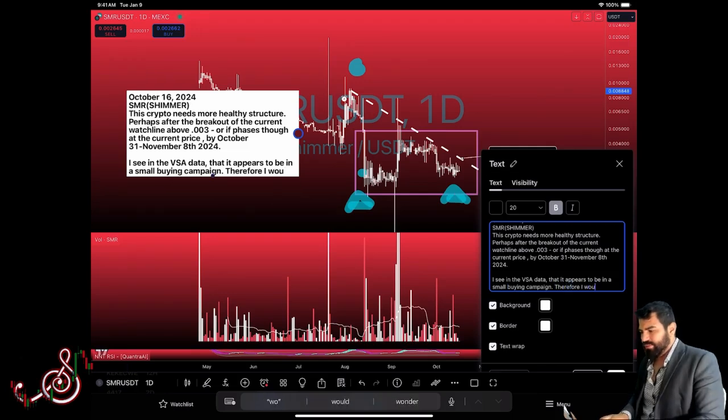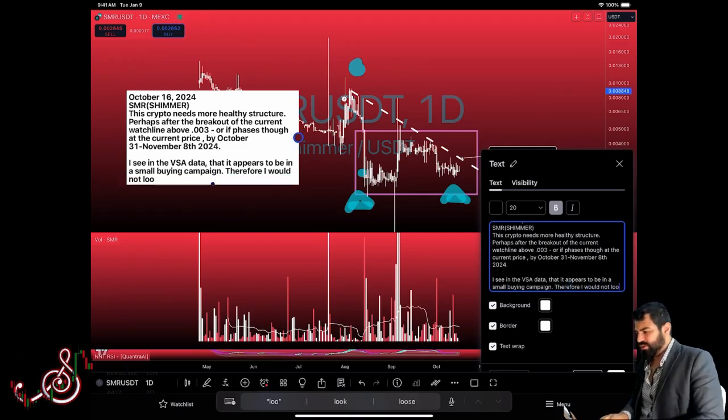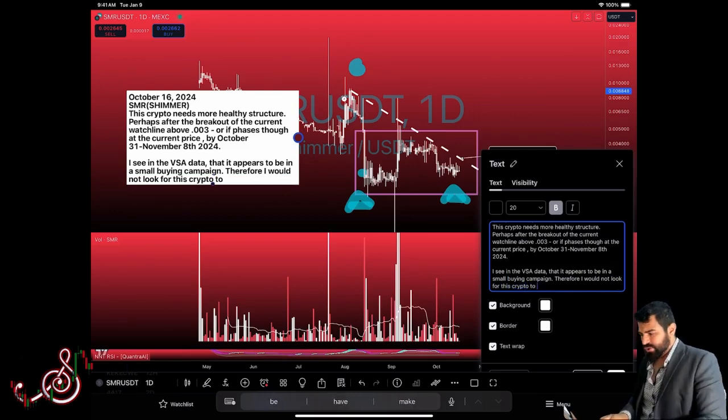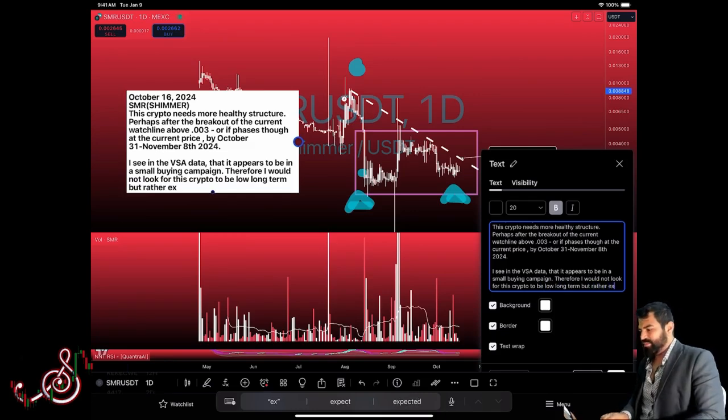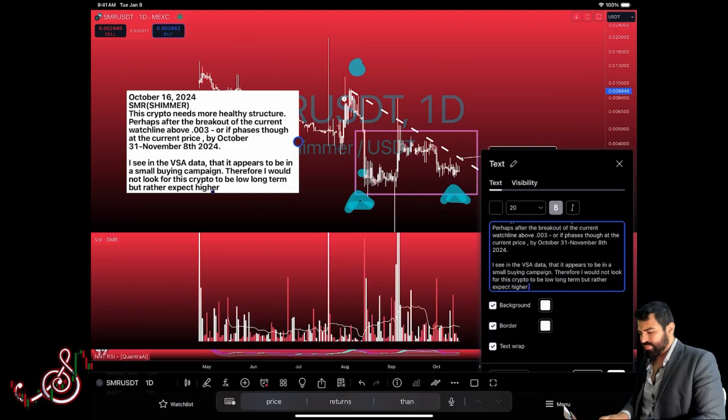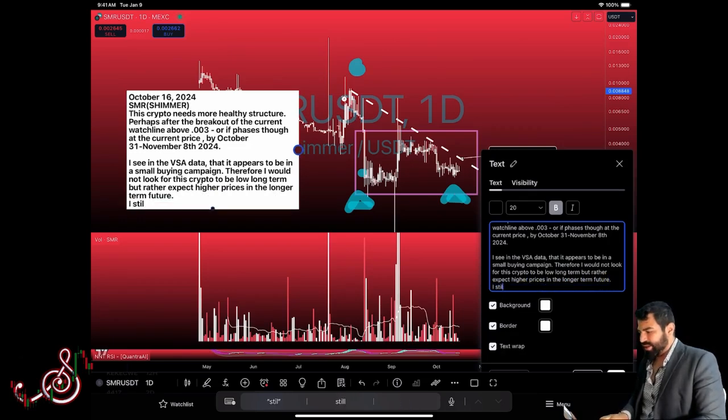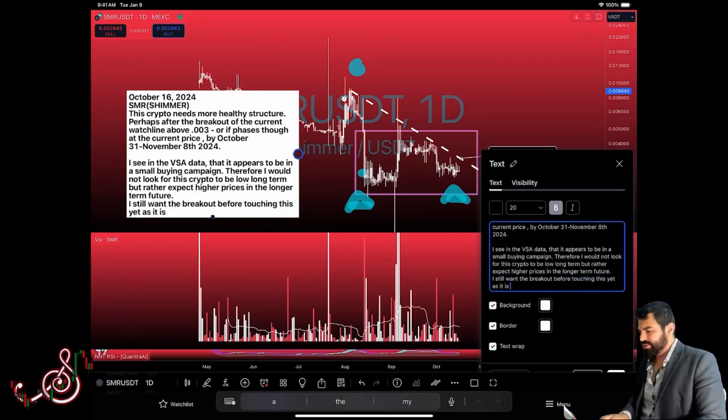Therefore, I would not look for this crypto to be low for long term, but rather expect higher prices in the longer term future. I still want the breakout though before touching this yet, as it is also small accumulation.